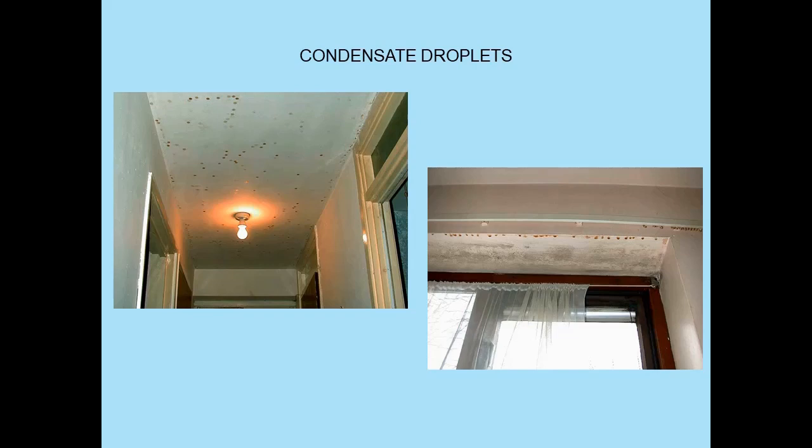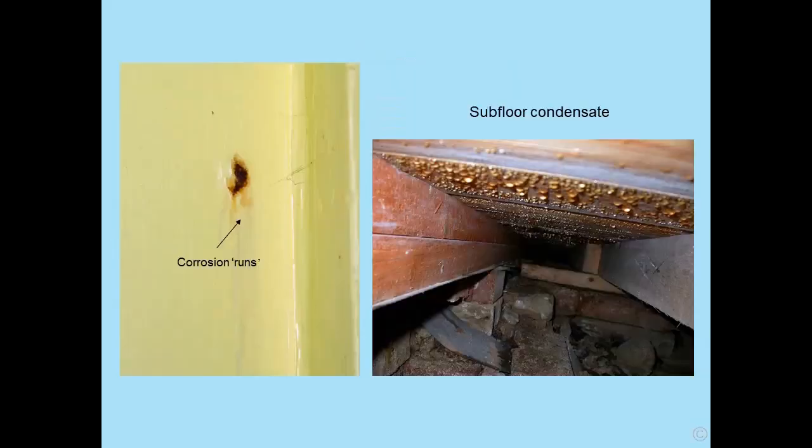It's picked up the atmospheric tar, for want of another word, and one on the right in a kitchen. We've got water droplets, and you can actually see the little water runs as they've gradually built up. Corrosion runs, if you've got an exposed nail in the paint, you can see where water's run down over it and caused this staining. And the one on the right is subfloor condensate. If that continues, it could be a very, very significant problem.